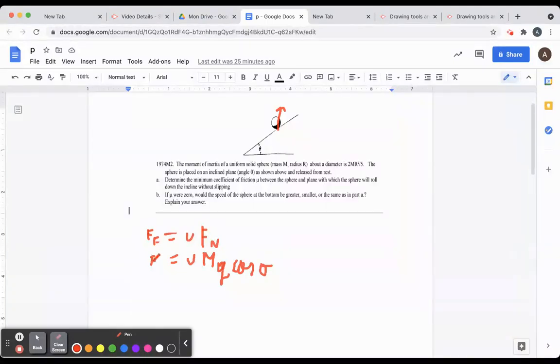So this is for the force of friction. We still need to determine the force of friction in order to substitute force of friction and mg cos theta in order to find the coefficient.